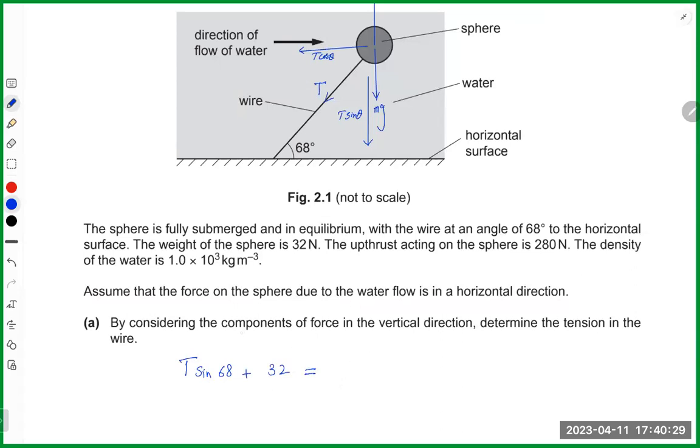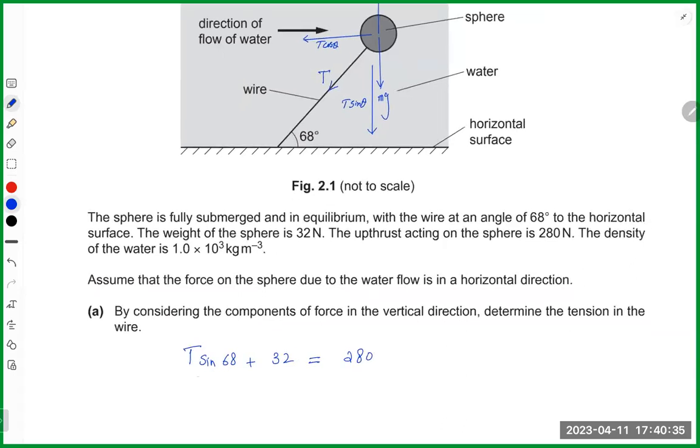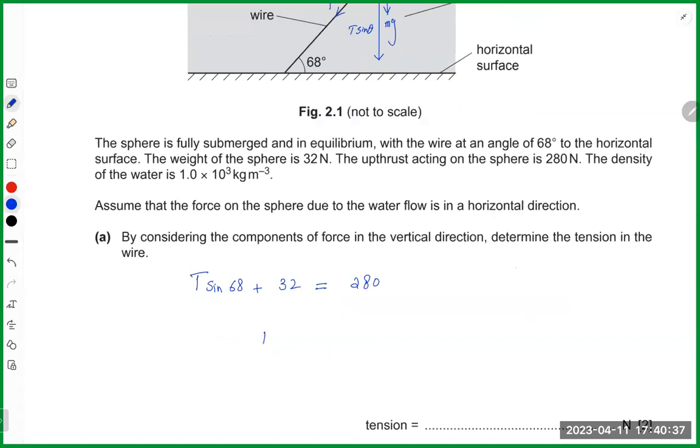They're both acting in the downward direction, equals to upthrust, which is 280. So T equals to 280 minus 32 divided by sine 68.